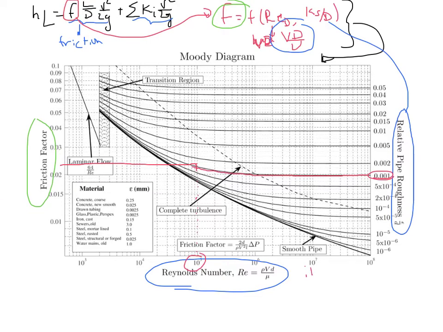If in the problem you're solving for a flow rate, then we need to iterate. In an iterative solution, we first guess a Reynolds number, then solve for f, then use energy to get V, and that feeds back to a Reynolds number. Let's say now our roughness is 10 to the minus 4, and our initial Reynolds number guess is very large.